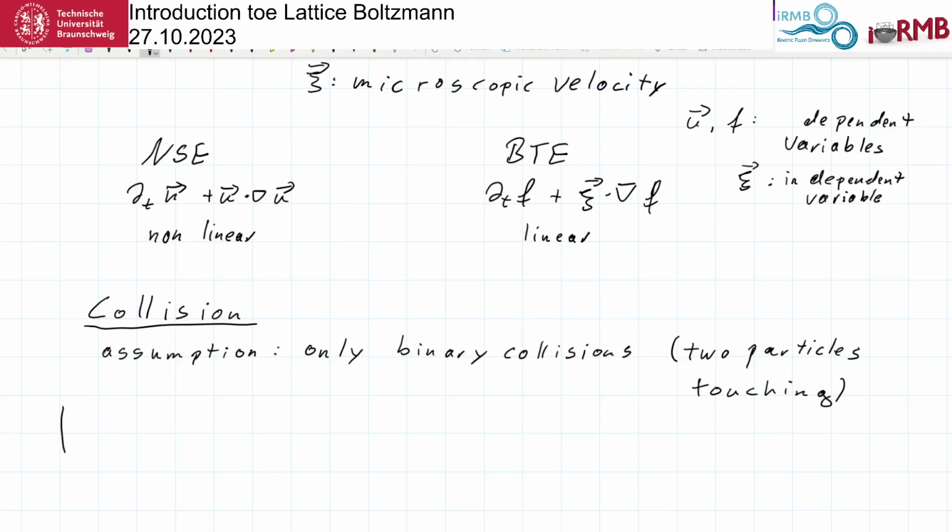So let's take our velocity field now. When particles collide, we do not care about their position, obviously, because they collide, they are in the same place, right? Otherwise, they wouldn't collide. So say this here is my velocity coordinate xi, and this here is my coordinate upsilon.